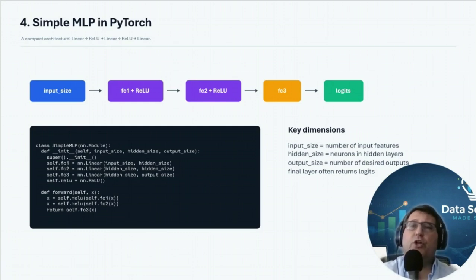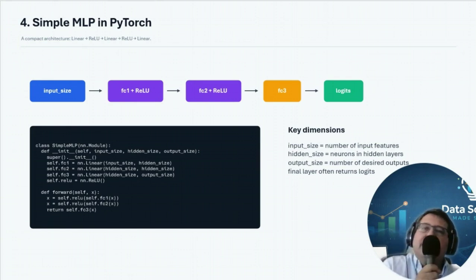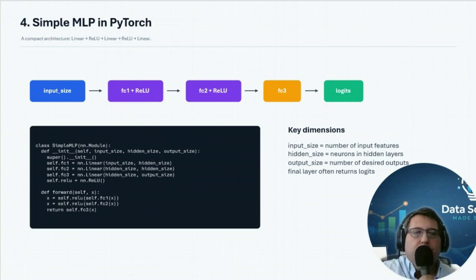However, when using PyTorch's BCEWithLogitsLoss, we normally leave the model output as raw logits because that loss function applies the sigmoid transformation internally in a numerically stable way. So the architecture is intentionally separated from the final probability transformation. That's an important PyTorch design pattern.